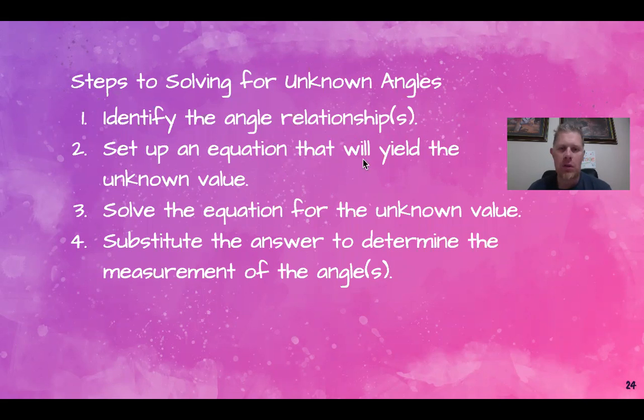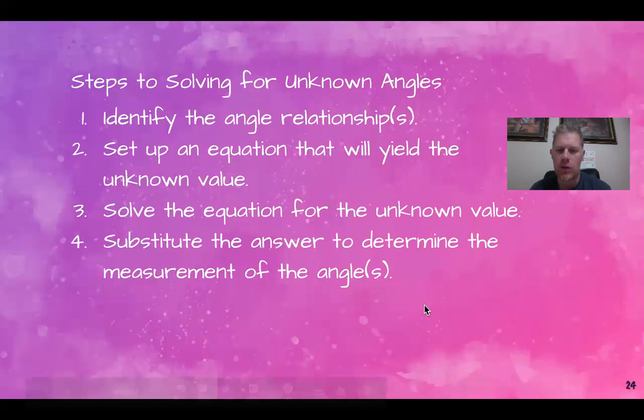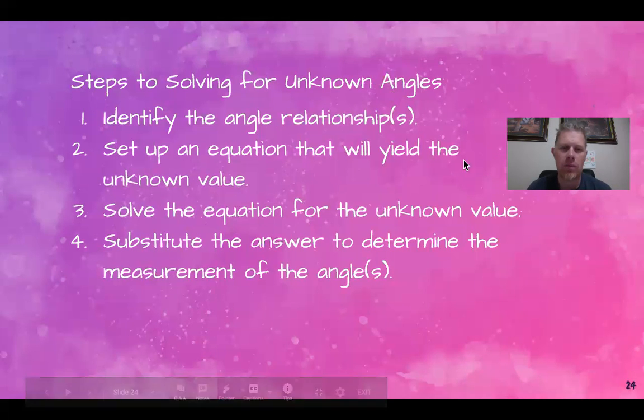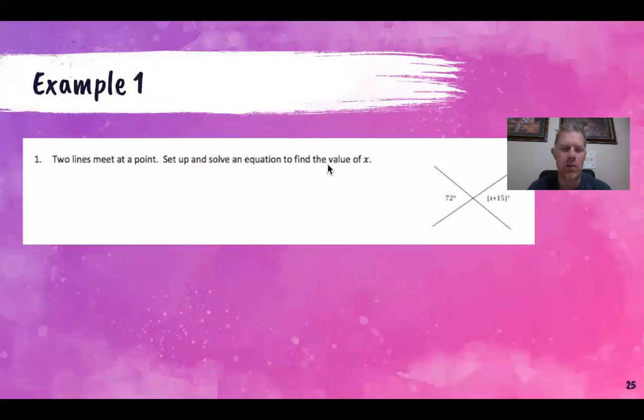Set up an equation that will yield the unknown value. Then solve that equation for the unknown value, which we've done in the past in math class. Then we substitute the answer to determine the measurement of the angle. So once you find x equals 35 degrees, then we say, okay, 35 degrees goes in this particular spot. Let's take a look at an example.